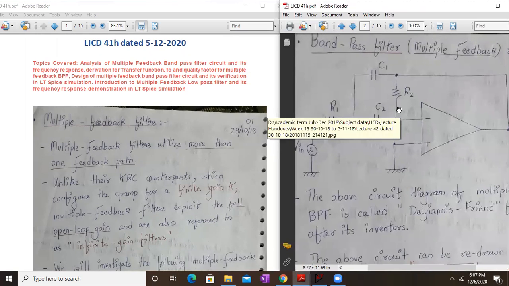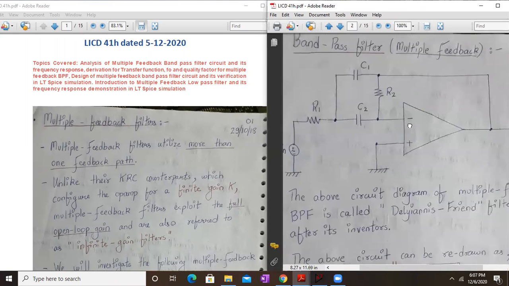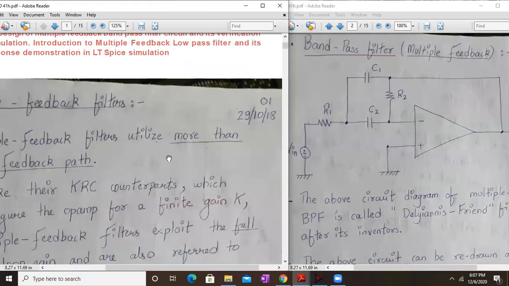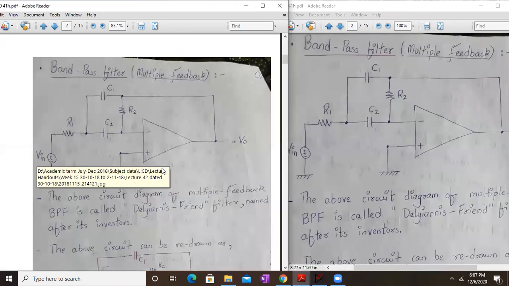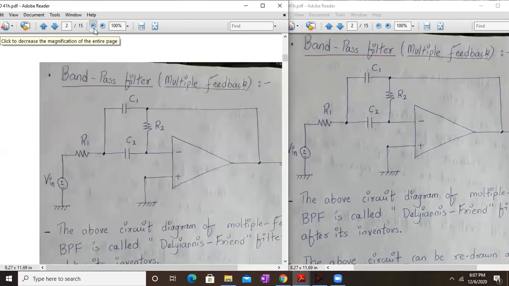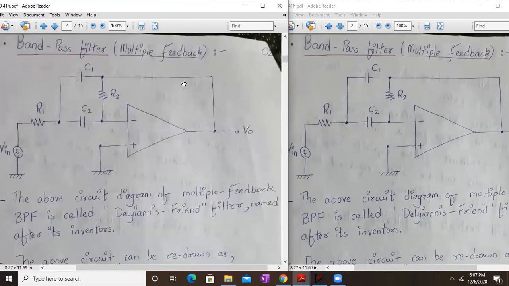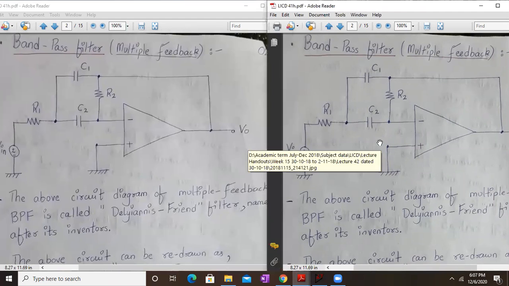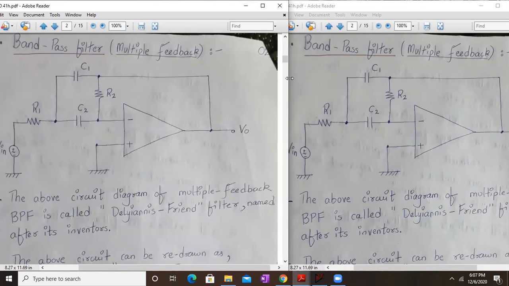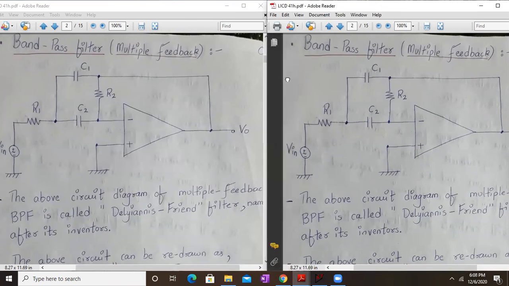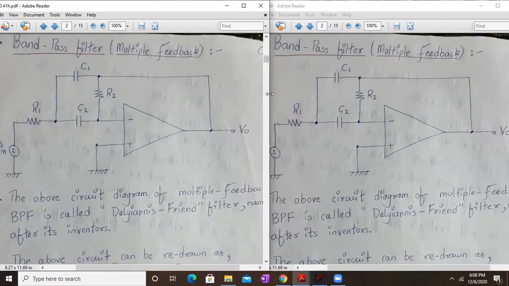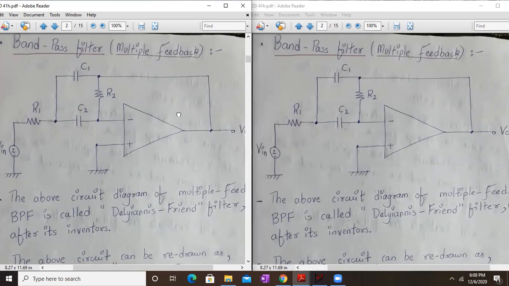So this is my multiple feedback band pass filter basically. I guess it's proper now. So let us start the analysis. Let me make it 100 here. I think that will be better. Yeah. So the circuit which you see to your left hand side, let me adjust it. Okay, now it is proper.